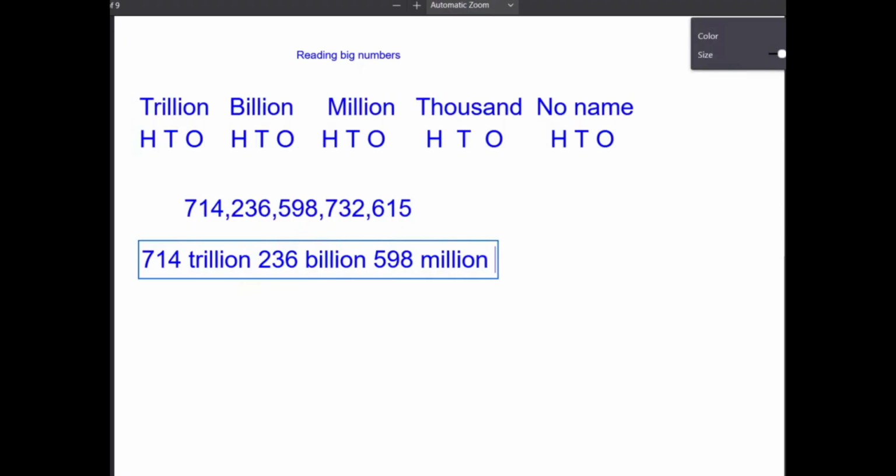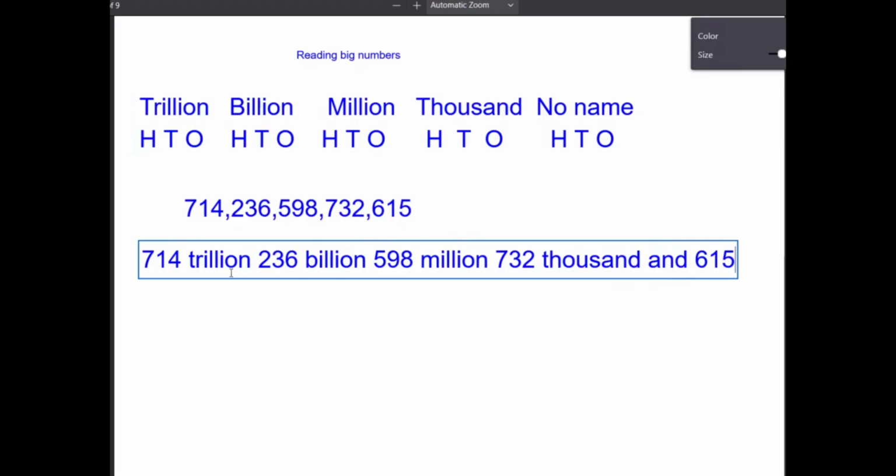Then 732, and say thousand. Then when you go to the last group, you say 615. That's why I prefer calling it no name, because I don't want you to say hundreds after you read it. You just say 615.